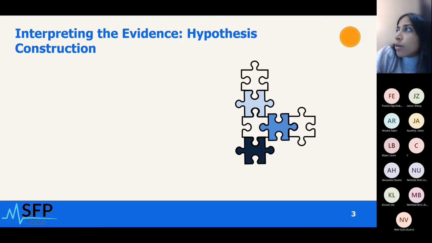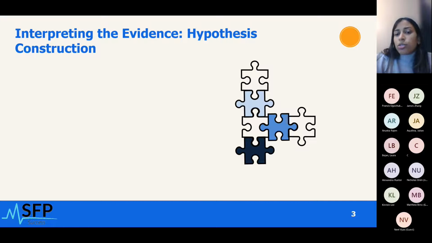So firstly, if we talk about how you interpret the evidence, you need to have a hypothesis that defines the purpose of the study. So the question would be, what are we testing? In terms of the types of hypothesis, there's a null hypothesis, and you'll remember this, I'm sure, from science in school.